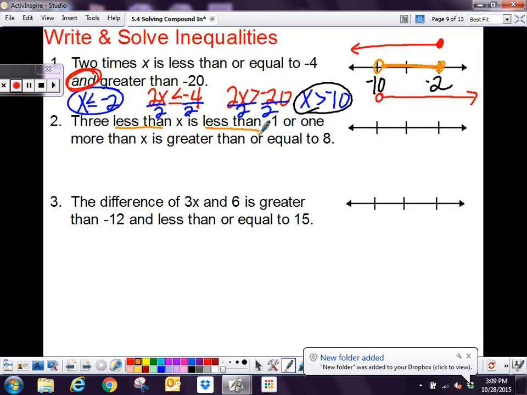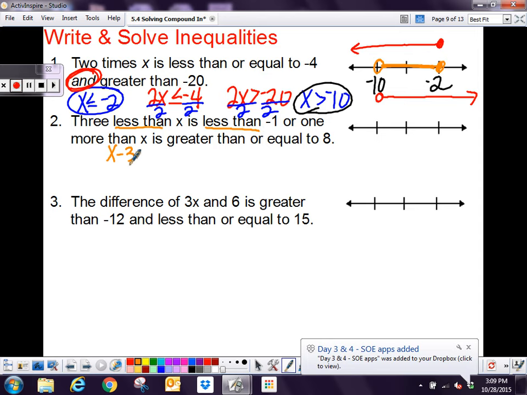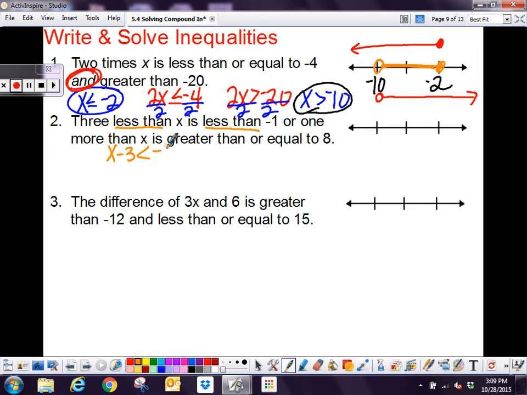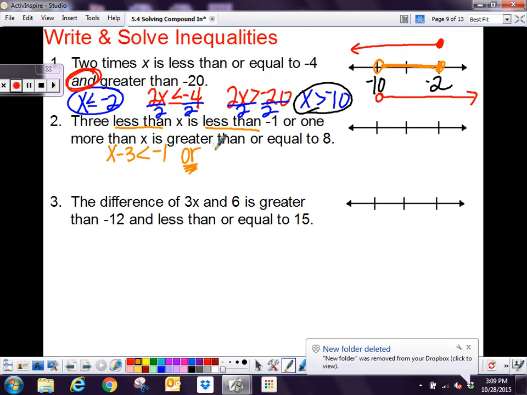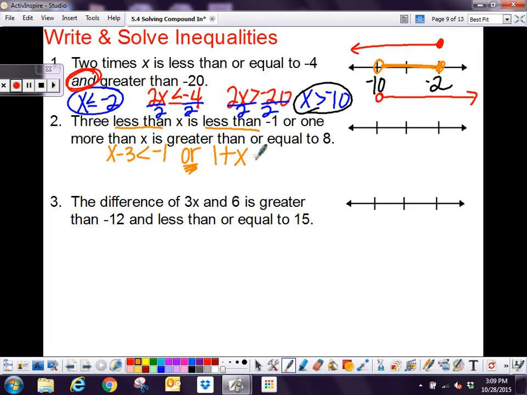Remember, less than, those are turnaround words, so you're actually going to write this in the opposite way that you read it. So instead of 3 minus x, it's actually x minus 3 is less than -1. Or, and I'm going to write that so I don't forget, or 1 more than x, so 1 plus x, is greater than or equal to 8.